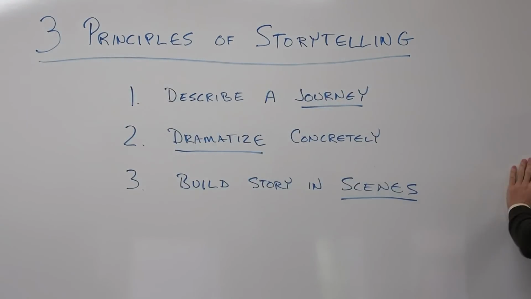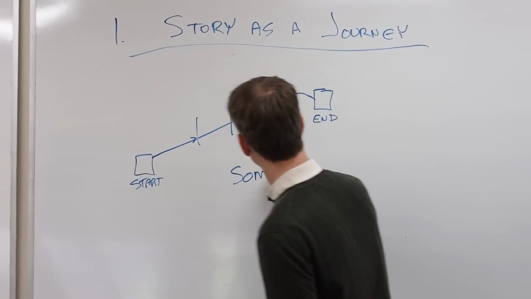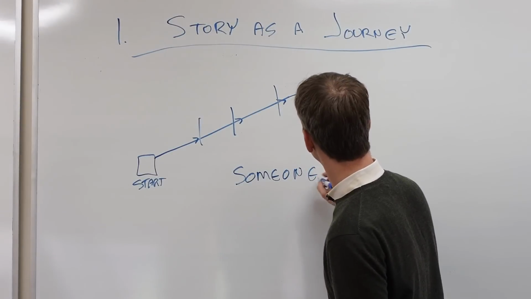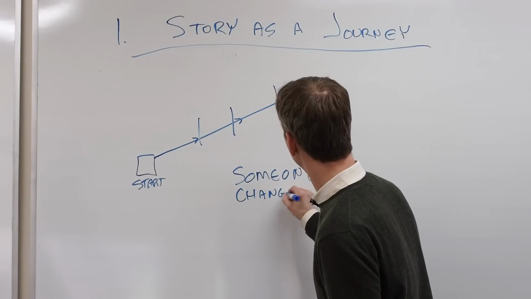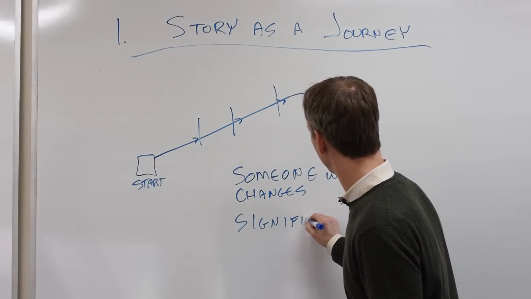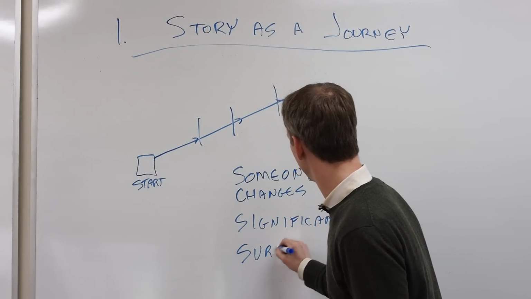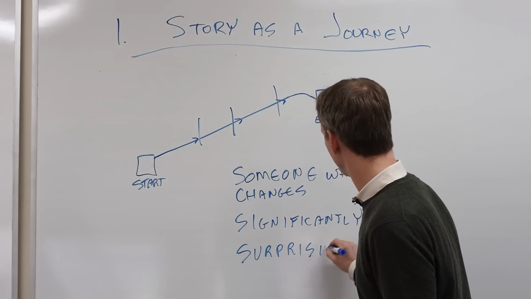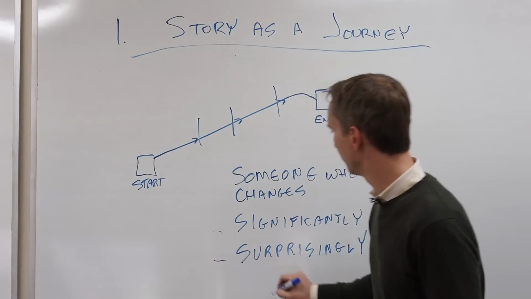A little bit of this you'll remember from last time. What we want to do generally is to describe to our listener or our reader or our viewer a change through time. And the change is usually of a person, someone who changes, and this is the key part, significantly, and often surprisingly.